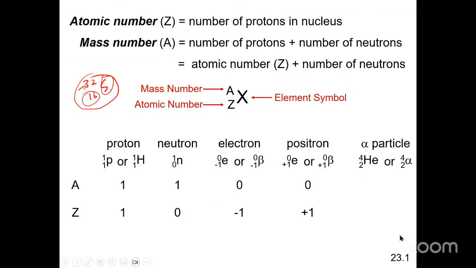So basically, it's a helium-4 nucleus where the mass number is 4 and the atomic number is 2. And again, you can use this symbol or this symbol. Again, it doesn't matter which one you want to use. Any one is fine according to the rules, all right? So these are some fundamental particles that will be involved in a lot of the nuclear reactions that we will encounter in this chapter, all right?